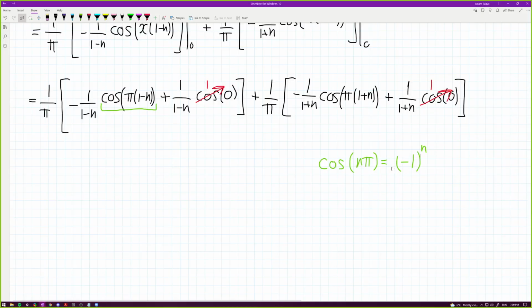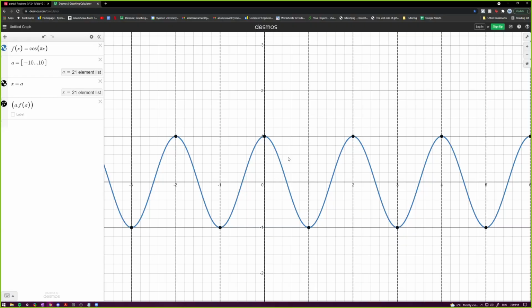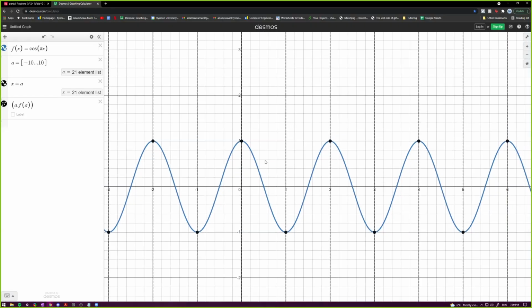This formula here is correct, but it is not the same thing as cos of pi(n plus or minus 1). Or we can essentially use, well, I'll say (1 plus or minus n), that'll be a little bit more applicable. So that's actually a negative 1 to the n plus 1, because you see when n, so in this original case, when n was even, then we have a positive number, which is fine, right?